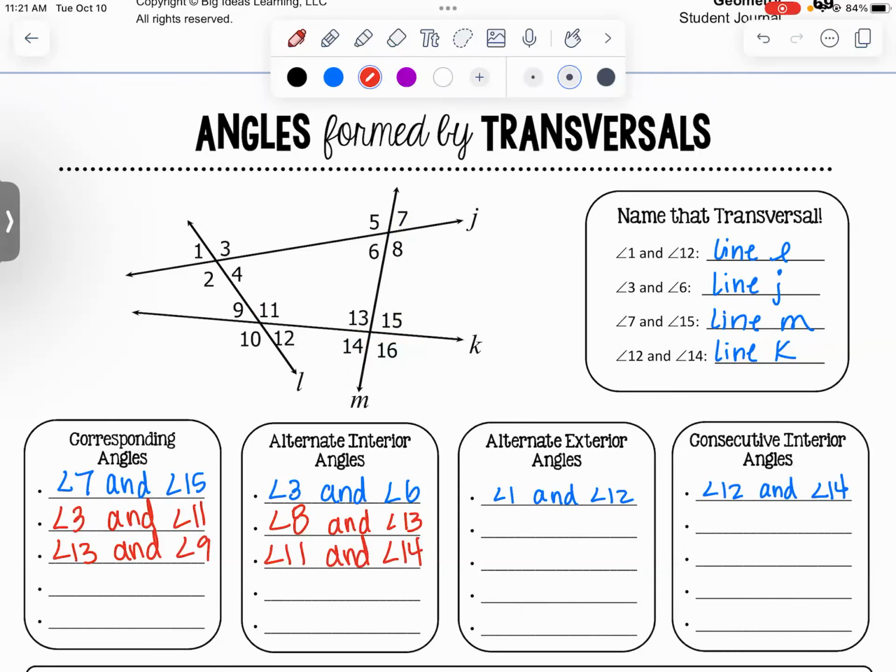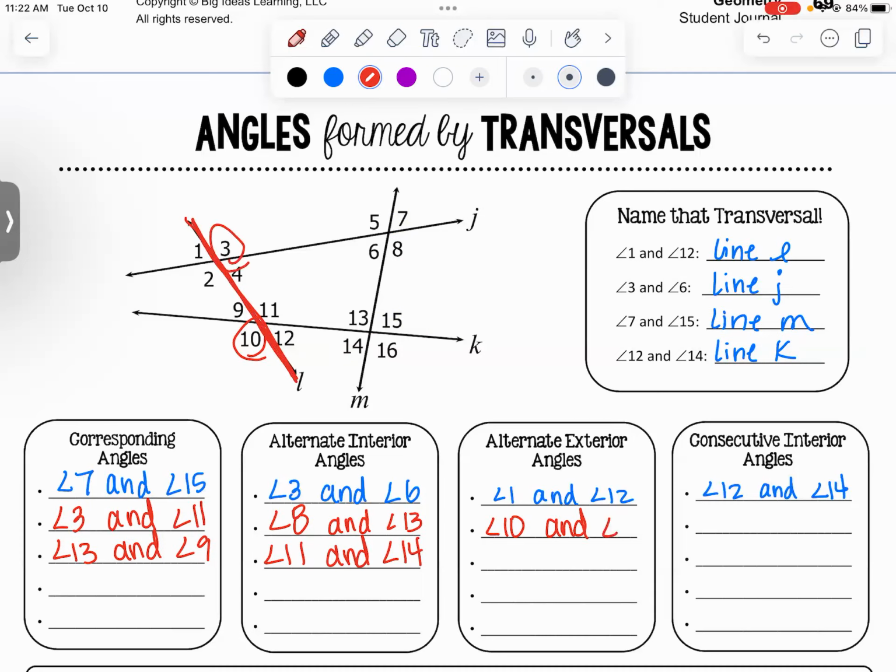All right, let's go to alternate exterior angles. Angle 10. Sam, what's an alternate exterior angle to angle 10? One. So you're looking up here. Alternate means on what side of the transversal? Oh, 3.